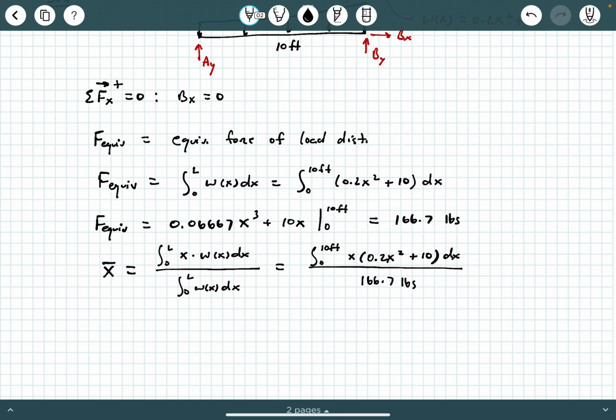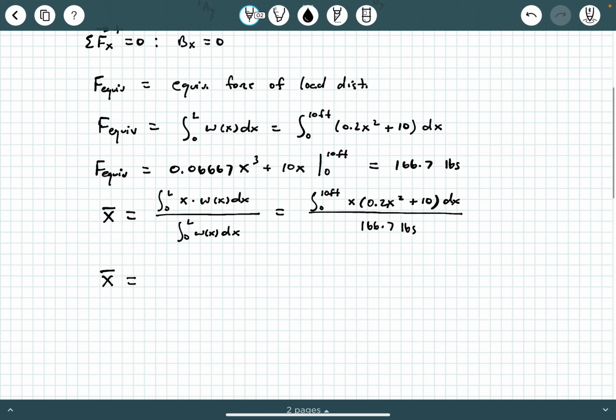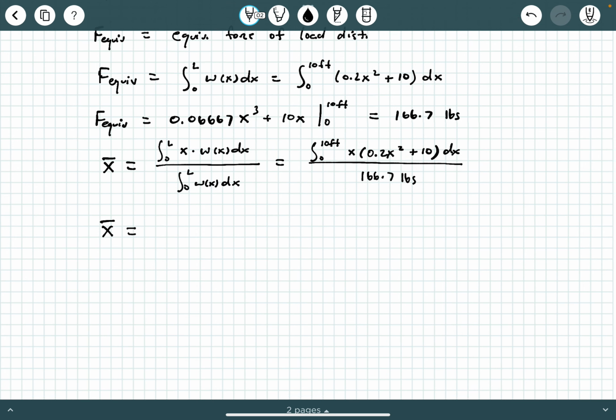And again, this is a pretty straightforward integral to take as that numerator. If we show a little handwork here just to refresh ourselves on how to do that basic calculus, we're going to say 0 to 10 feet. And of course, that's 0.2x cubed plus 10x dx. All I did was multiply through that x value, divided by 166.7 pounds.